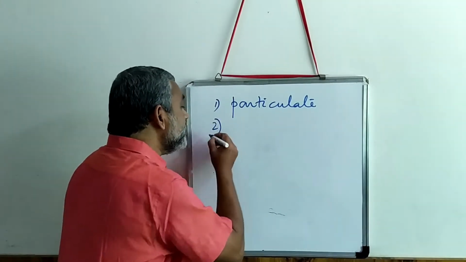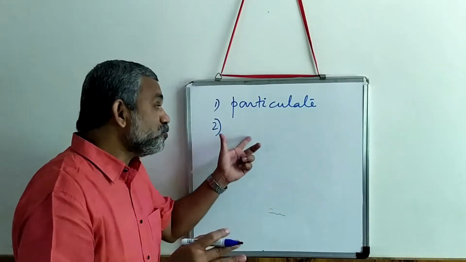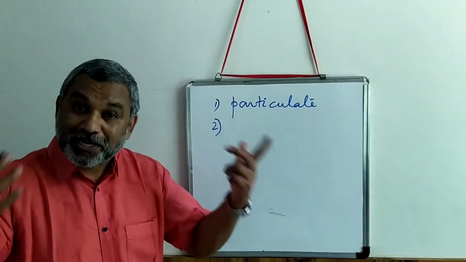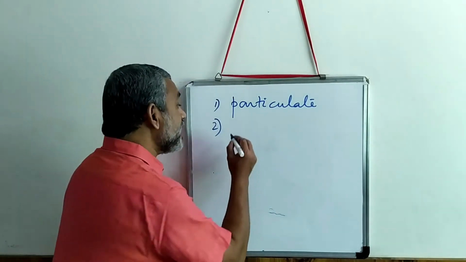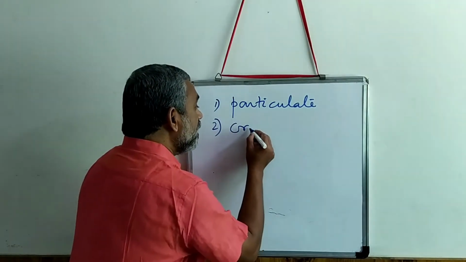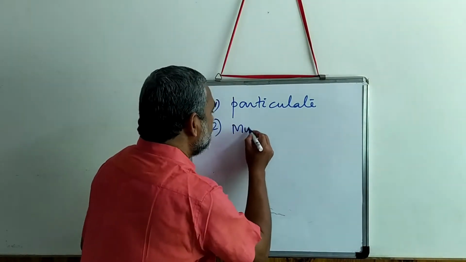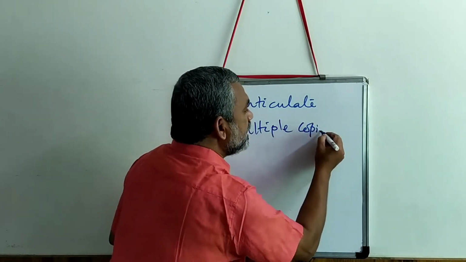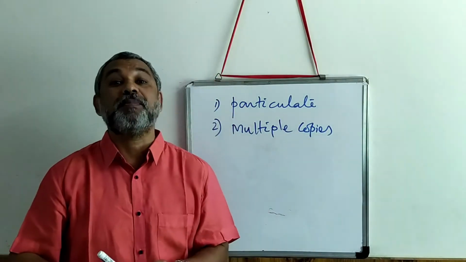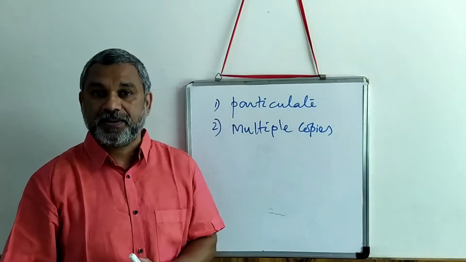And the second condition is there must be at least 2 or more antigenic determinants present. That results in multiple copies of the antigen or the particulate matter being present. Then only you will get a visible clump.